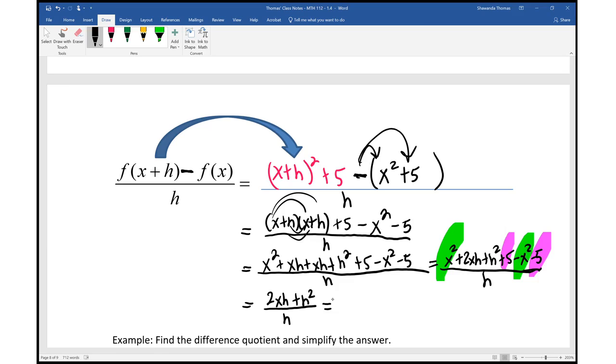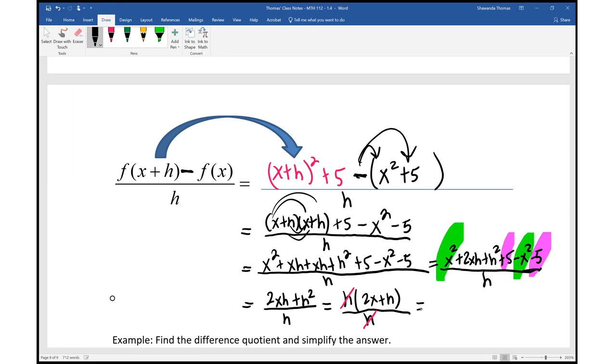Now, can we simplify this further? Yes, because all terms in the numerator, look at it, all terms have an h in it. So this is when I advise you to factor out the h from the numerator. You get 2x plus h, then over h. And then we can cancel out the h's.